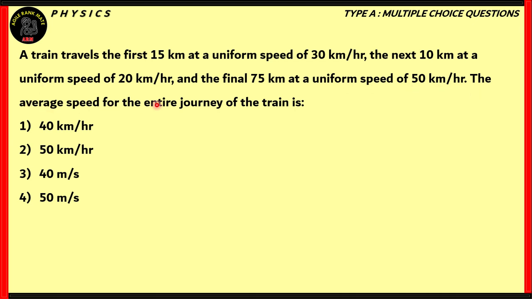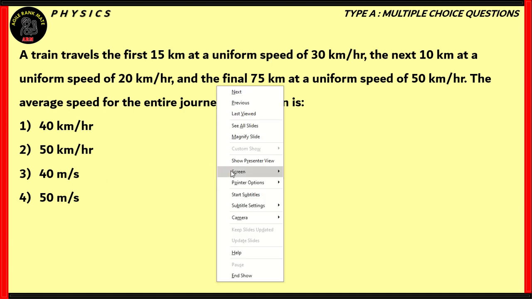The average speed for the entire journey of the train is: 1, 40 kilometers per hour; 2, 50 kilometers per hour; 3, 40 meters per second; 4, 50 meters per second. So, how do we solve this question?